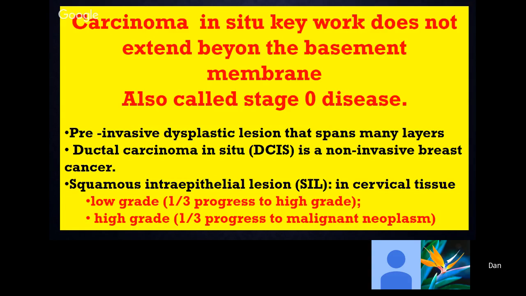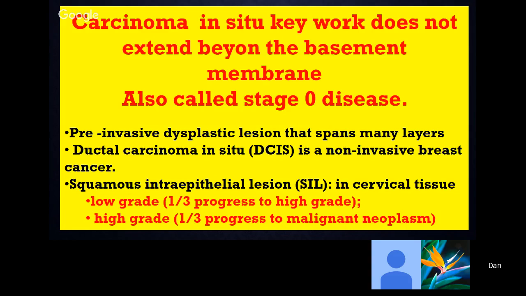The squamous intraepithelial lesion, remember the term SIL, which is when you look at the epidermis itself or the cervix itself, these are the changes or the dysplasia themselves that become cancer in situ. So you're going to have two types, the low grade or high grade. If it's low grade, usually it can go to high grade. That's the progression.